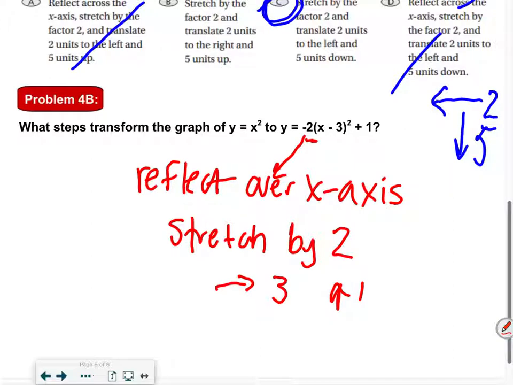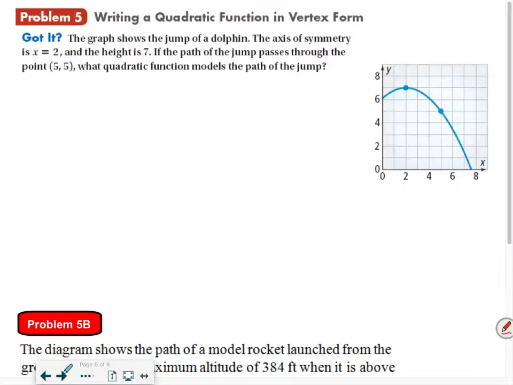Okay, last one. It says the graph shows the jump of a dolphin. The axis of symmetry is x equals 2, and the height is 7. If the path of the jump passes through the point 5, 5, what quadratic function models the path of the jump? So it tells me axis of symmetry right here. So my vertex is what? 2, 6.